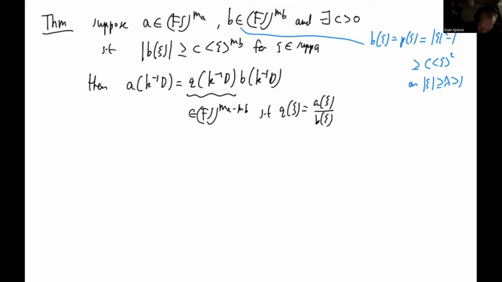Because of this fact that B is bounded below on the support of A means that Q makes sense.